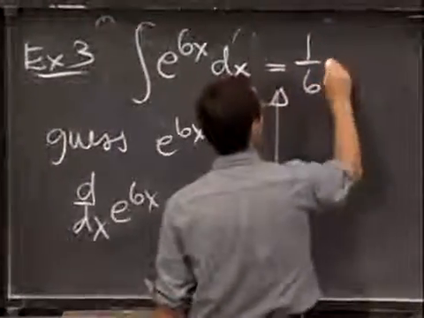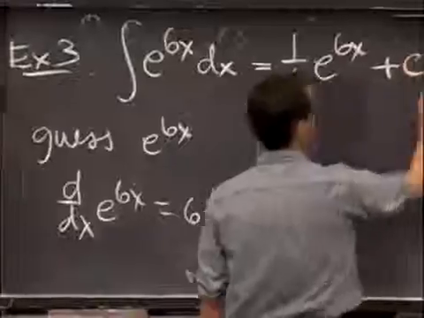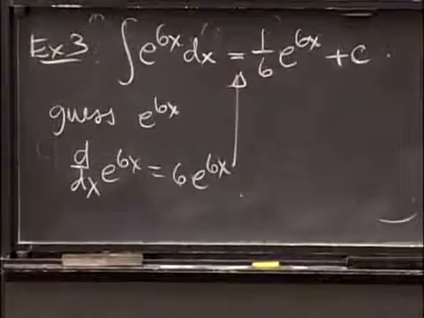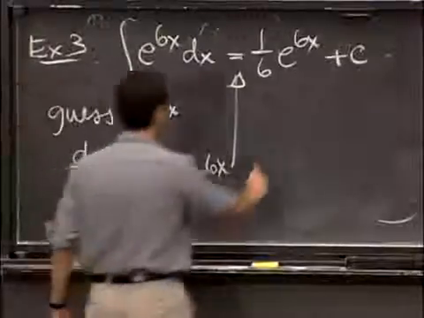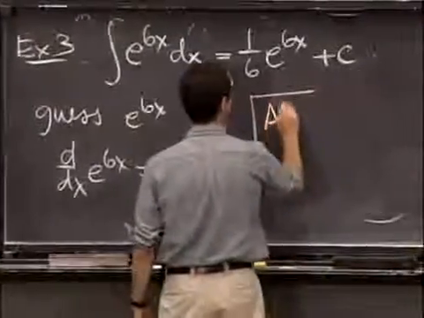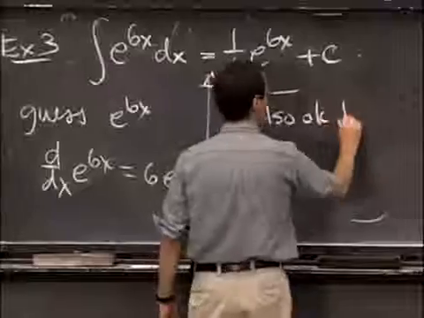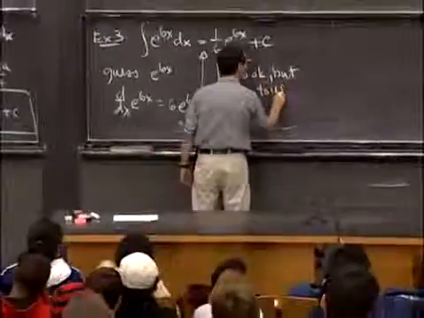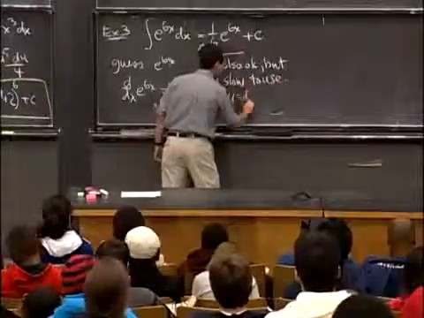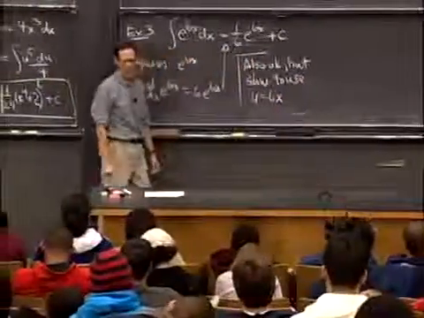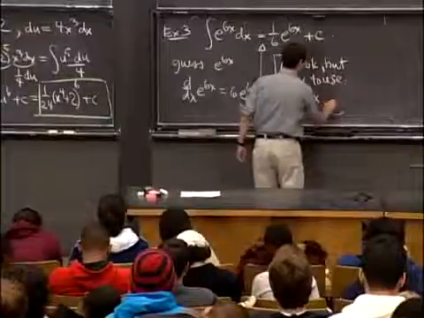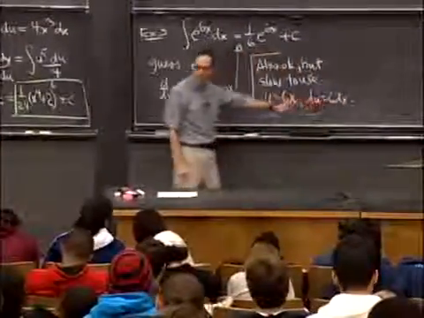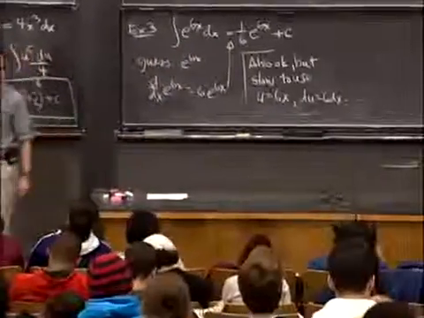It's a 6th e to the 6x plus c. Now, it's also okay, but slow, to use a substitution, to use u is equal to 6x. Then you're going to get du is equal to 6 dx, dot, dot, dot. It's going to work. It's just a waste of time.